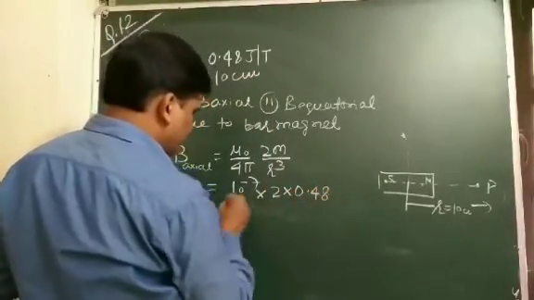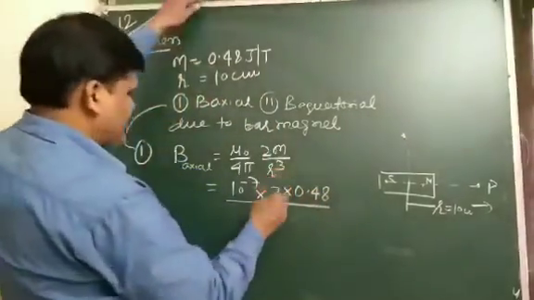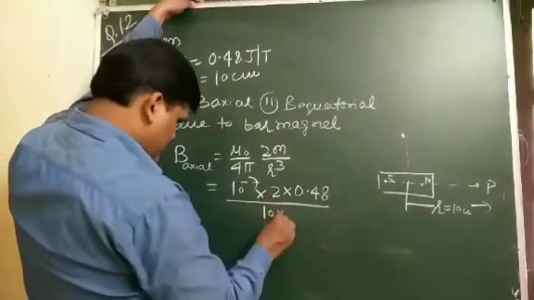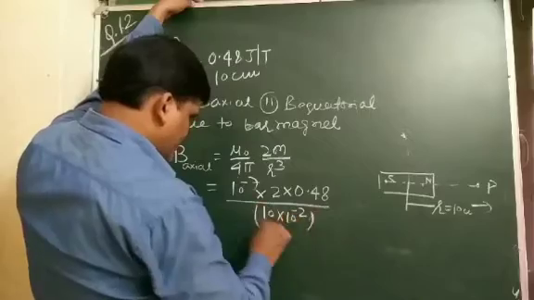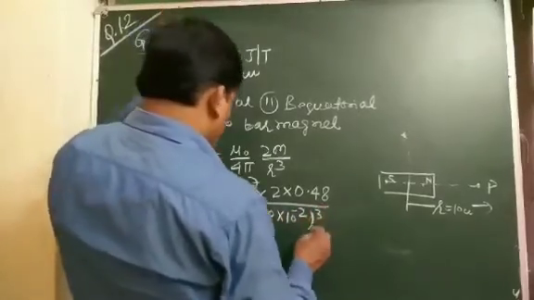0.48. And r, that is what? 10 centimeter. So 10 into 10 to the power minus 2, that whole cube.